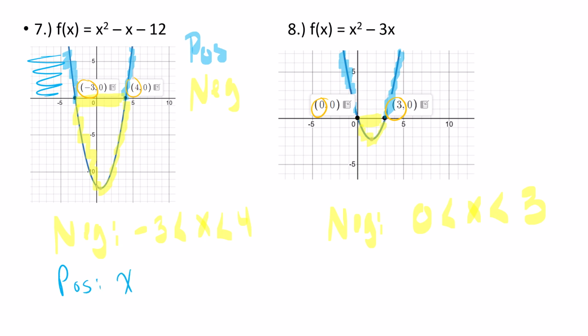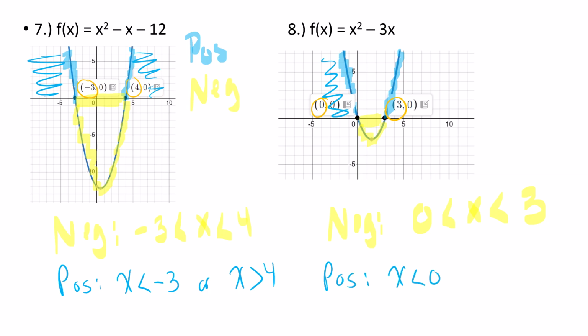So that would be x is less than -3, or it is to the right of the 4, so that would be greater than 4. Over here, it is positive to the left of the 0, so x is less than 0, or to the right of the 3, x is greater than 3.